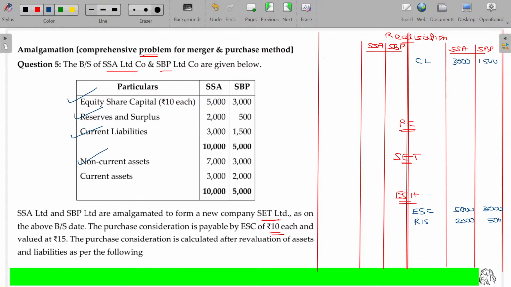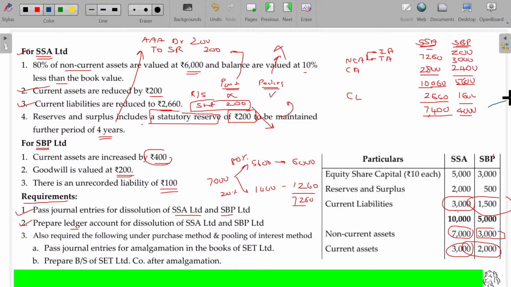Non-current assets, 7,000 and 3,000. Current assets, 3,000 and 2,000. Purchase consideration of these two companies being 7,400 and 4,000. I am going to include that here. Is that okay?